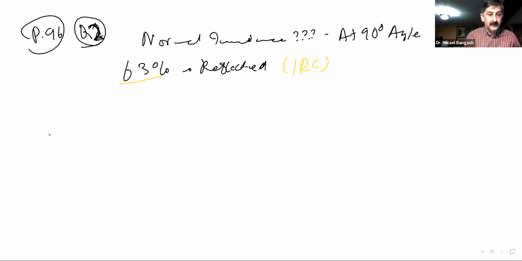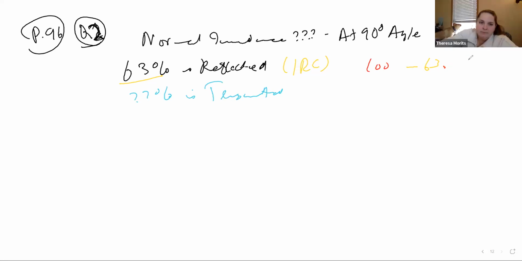And what they mainly ask us is what percentage is transmitted? Clear? And we just say, well, 63 is going to be subtracted from 100%. And what do we get? 37%.